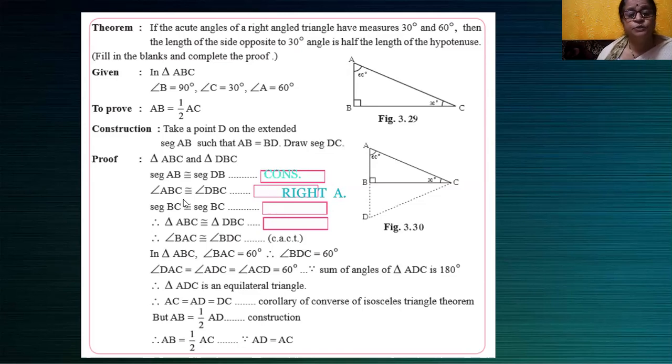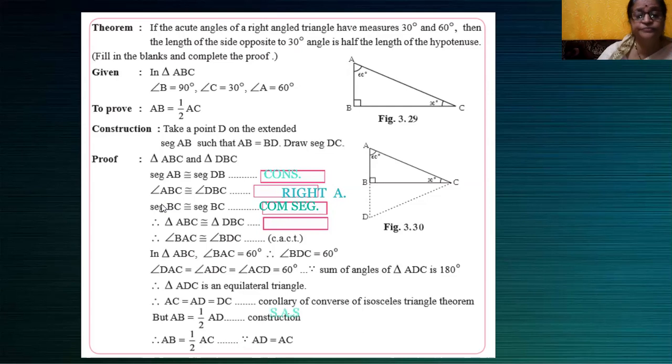Next, angle ABC and angle DBC are right angles. Segment BC belongs to both triangles, so it is a common side. Then, by which test are these two triangles congruent? One side, one angle, and another side: the SAS test.